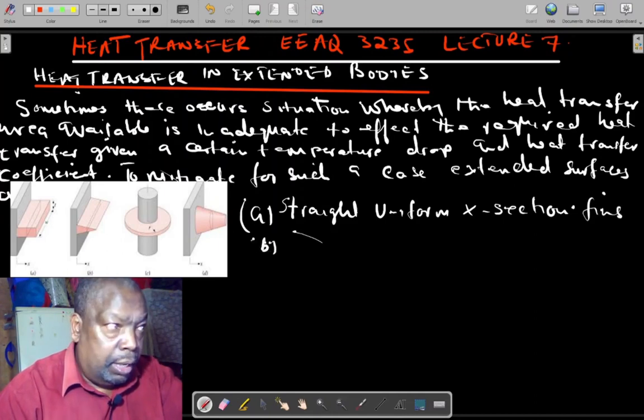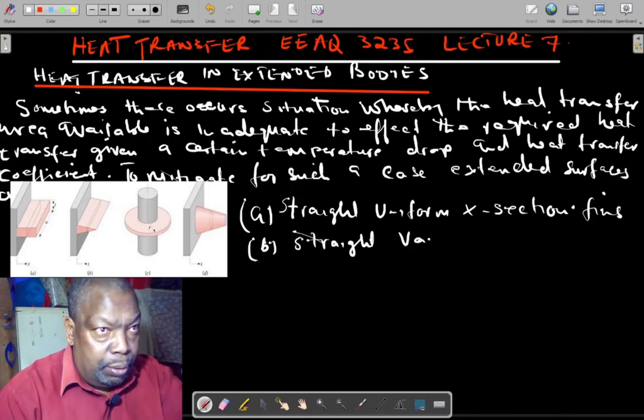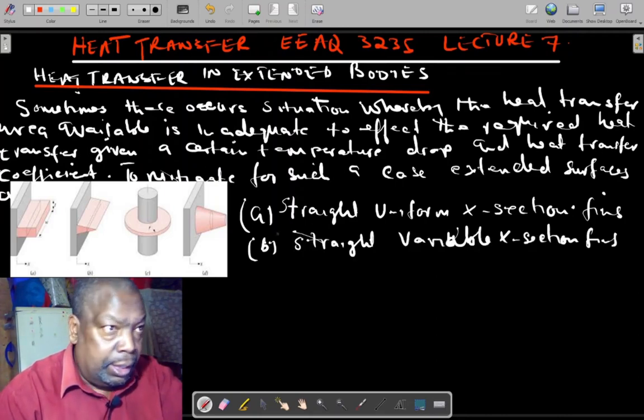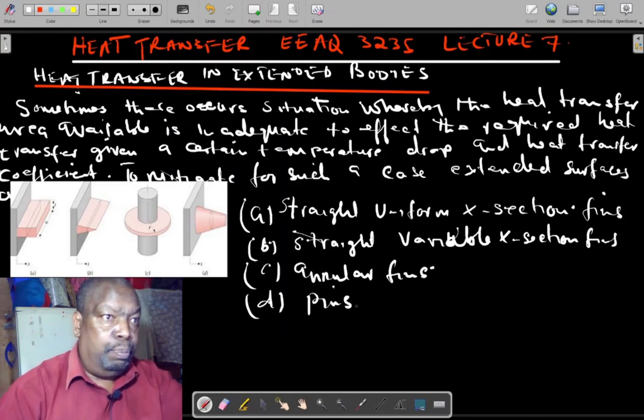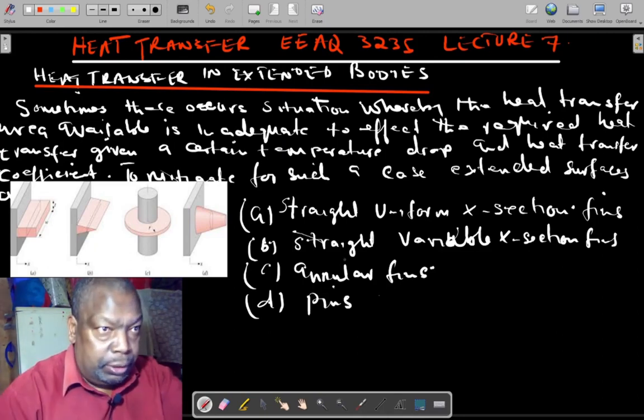B, we have straight variable fins. Then we have C, what we refer to as annular fins, and D, we call them pin fins.